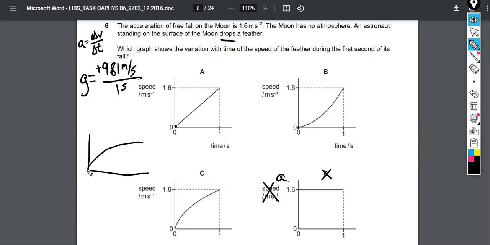It's accelerating initially because there's weight, but then as the drag force becomes more pronounced, it eventually equals the weight, and we reach this constant top speed. So this is like if the moon did have an atmosphere, eventually it's going to level off its speed because there would be effects of wind. Because they say the moon has no atmosphere, we can discard choice C. This would only be if the moon did have effects of wind resistance.